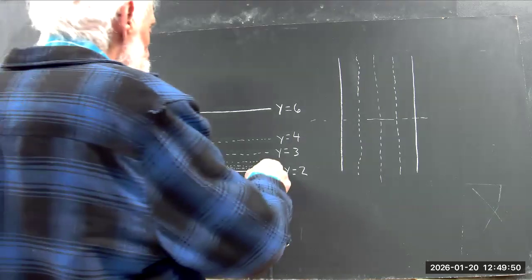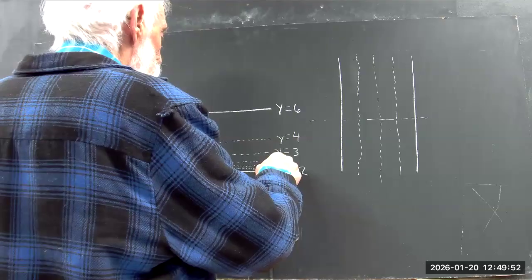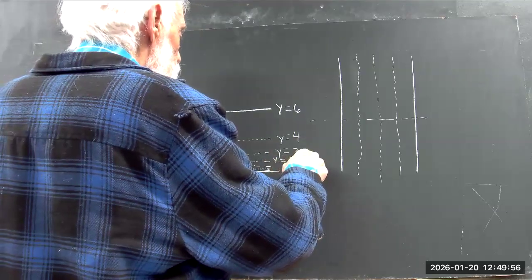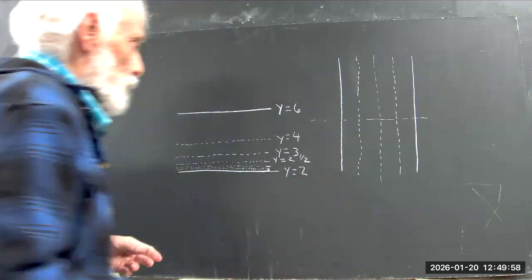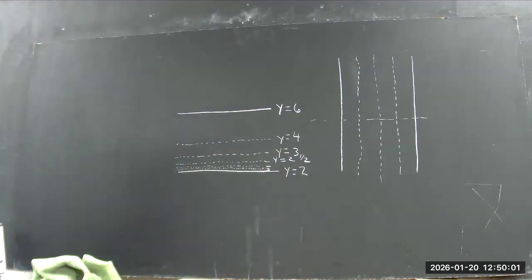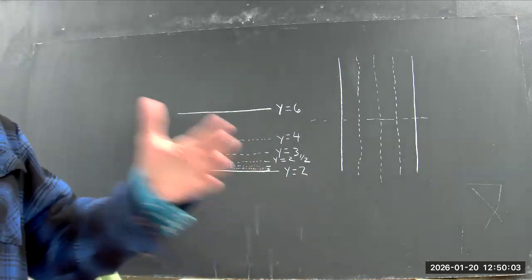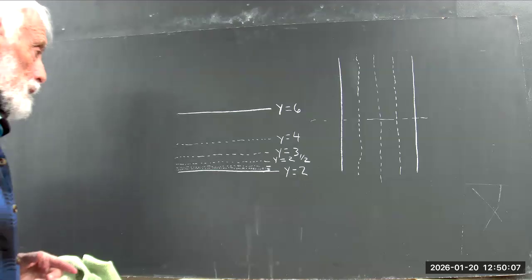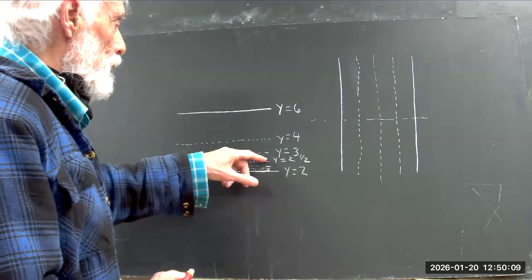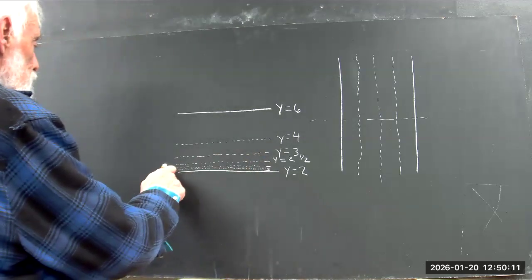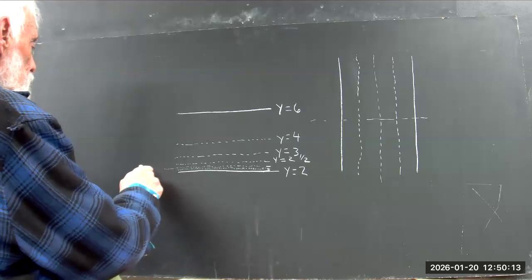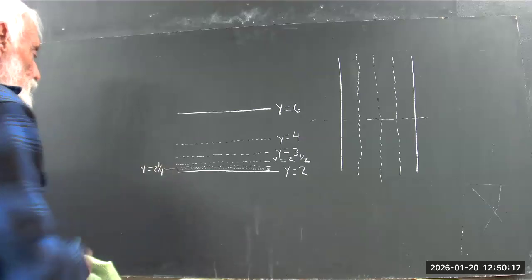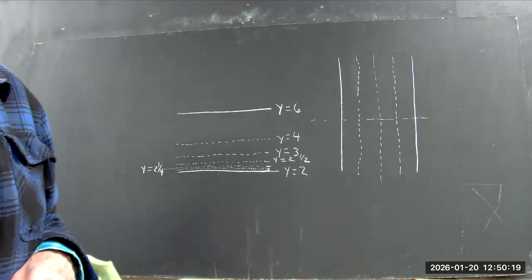So I'm going to say this line is y equals 2.5. What's halfway between 2 and 3? 2.5, right? Then it gets a little tougher. What's halfway between 2 and 2.5? That's 2 1/4.